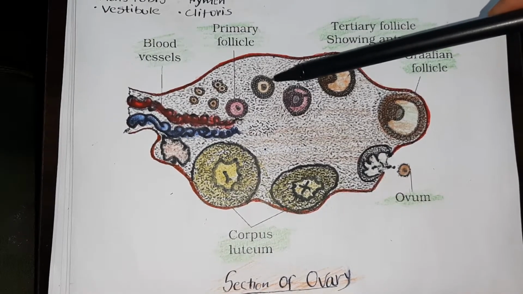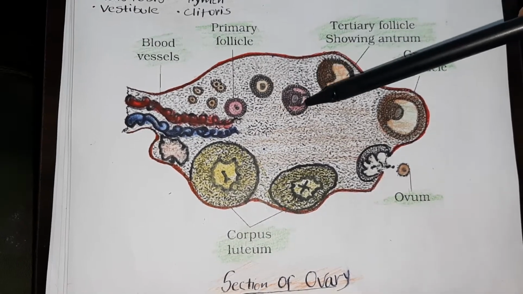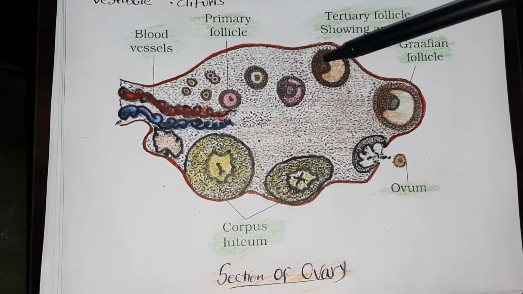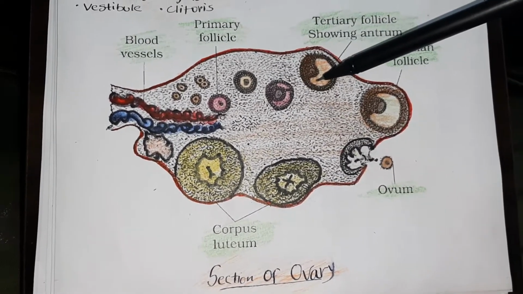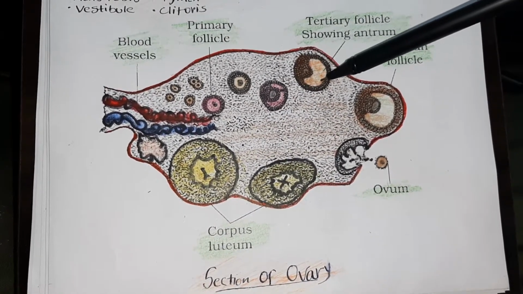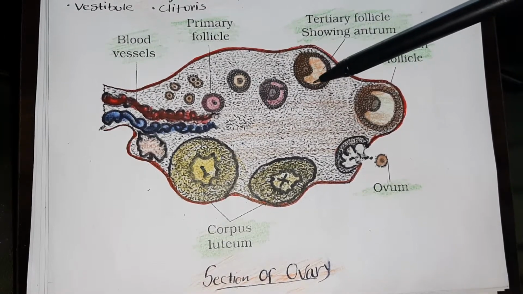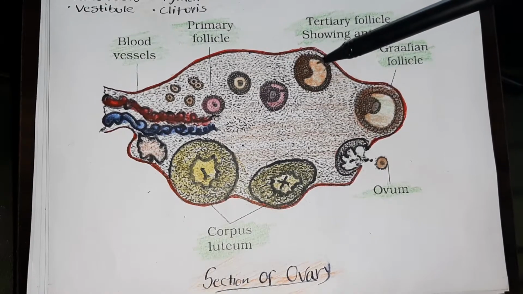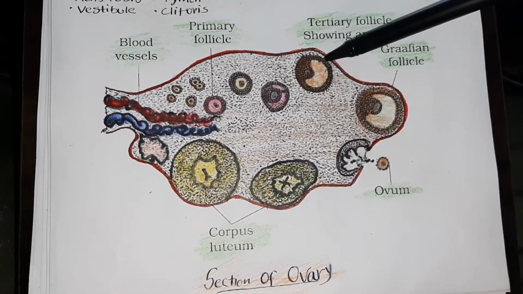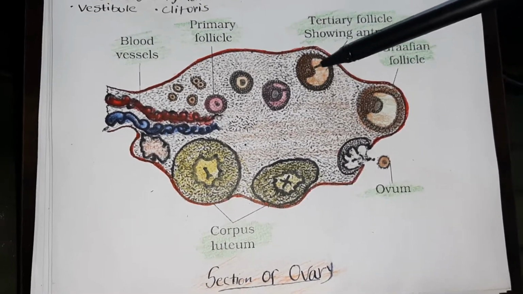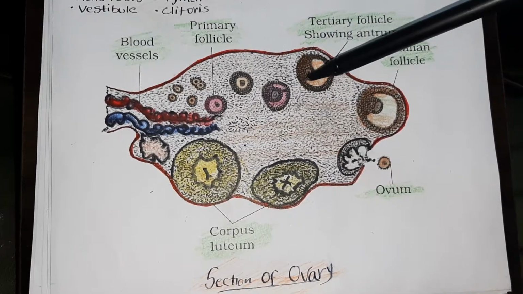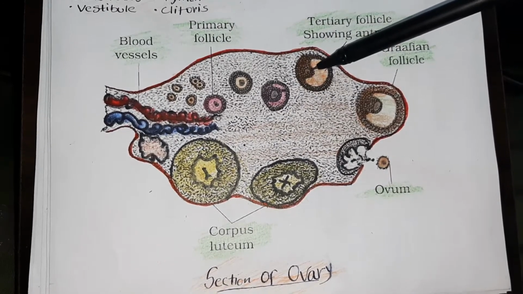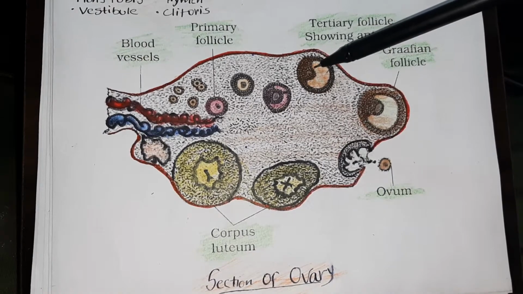Then the secondary follicle starts forming fluid, and finally when it reaches the tertiary follicle, there is a fluid filled cavity which we call the antrum. This is the basic identification of the tertiary follicle, the presence of the fluid filled cavity called the antrum. At that time the primary oocyte completes its first meiotic division and forms the secondary oocyte.